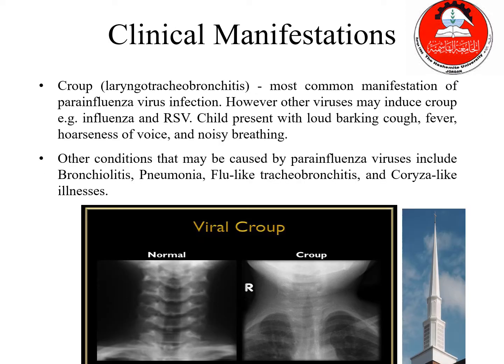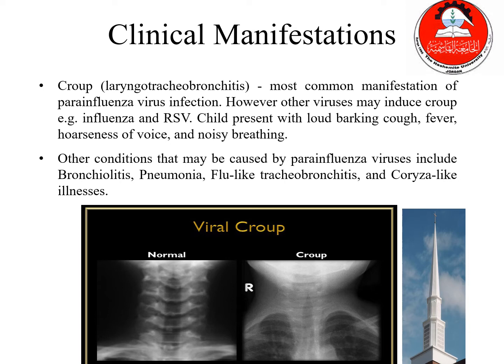Clinical manifestation or clinical picture: how do the children present when infected with parainfluenza virus? As we said, parainfluenza virus is closely associated with croup or laryngotracheobronchitis, and the children with croup present with a loud barking cough. They are febrile, they have hoarseness of voice, and they have noisy breathing.